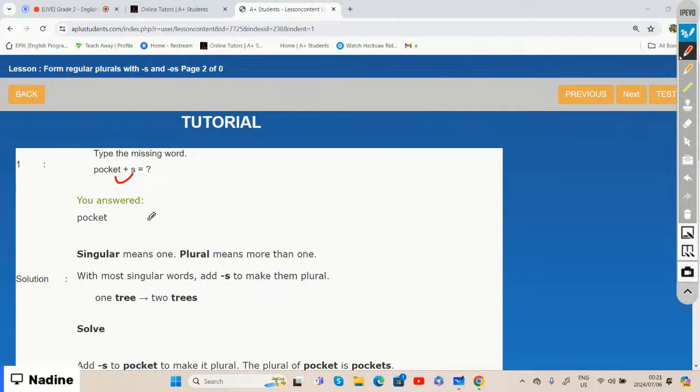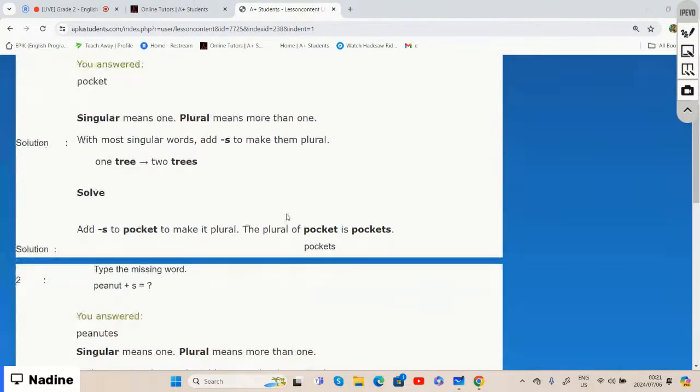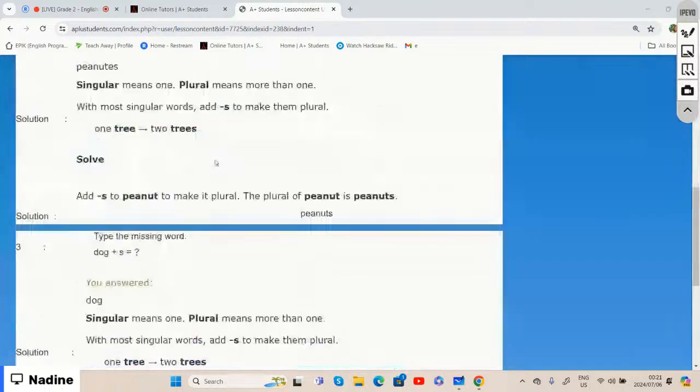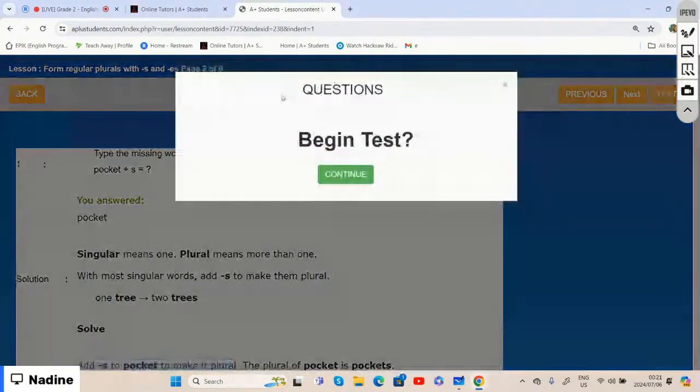One pocket, or we say four pockets. And we add our S, pockets. All right, so pockets is our plural noun. Then we have one peanut, and we did dogs. So let's go to our test.